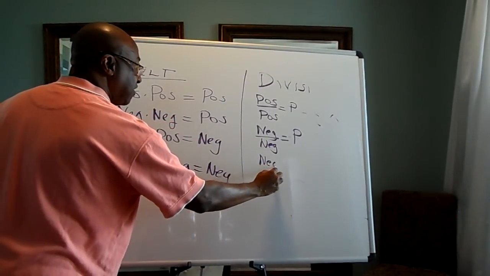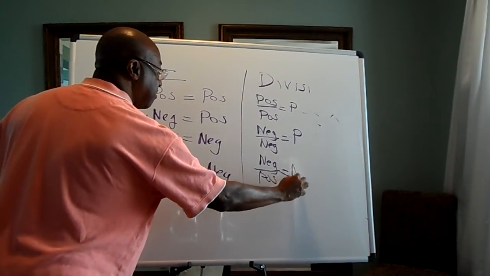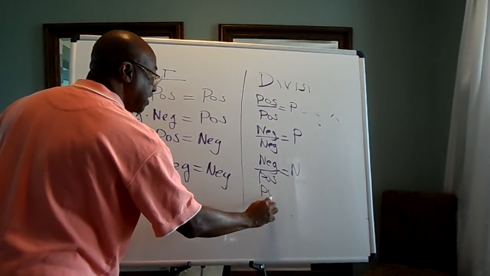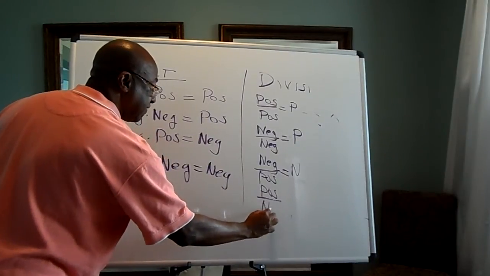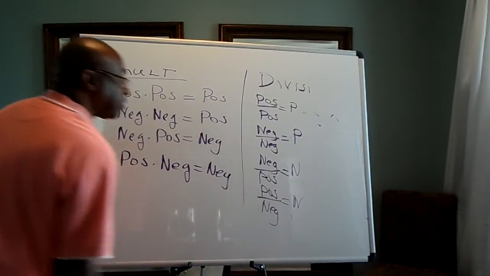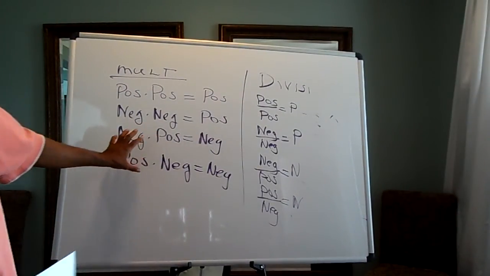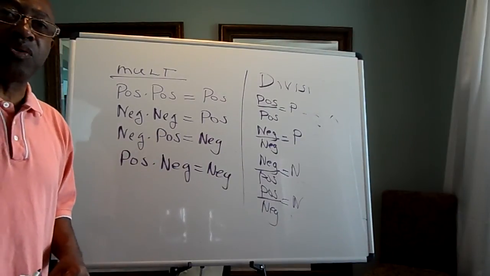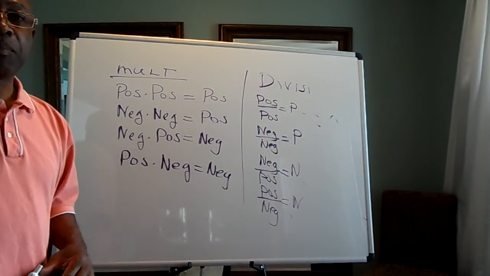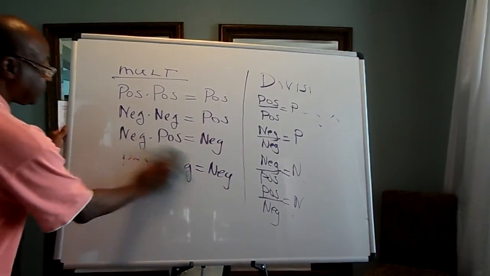A negative divided by a positive is going to give you a negative number. And a positive divided by a negative is going to give you a negative number. I always encourage students to write this down. I have this available to you as you're going through problems that involve multiplication and division of signed numbers. So let's proceed with the two problems that we have here.